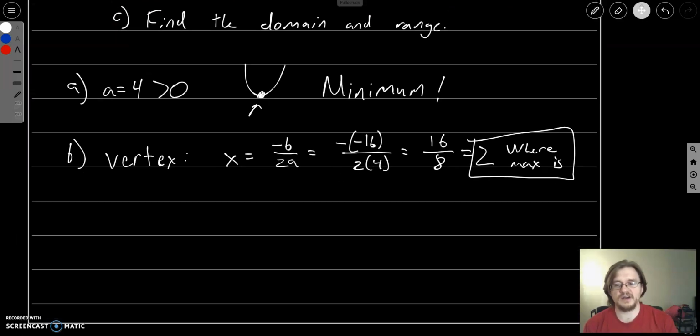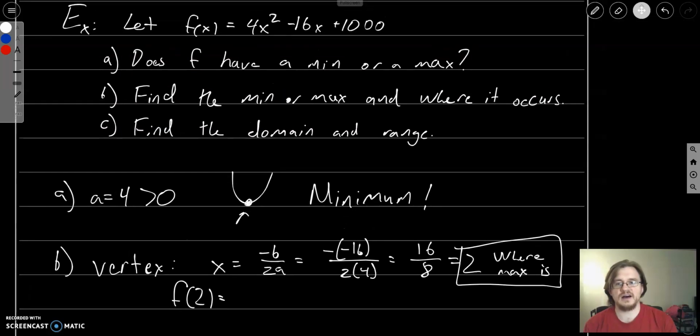Now if we want to figure out how high the function is there, we can look at the y value there. Now the y value is just given by the function, so this is just going to be f of 2. If I plug in 2 into here, we'll get 4 times 2 squared minus 16 times 2 plus 1,000.